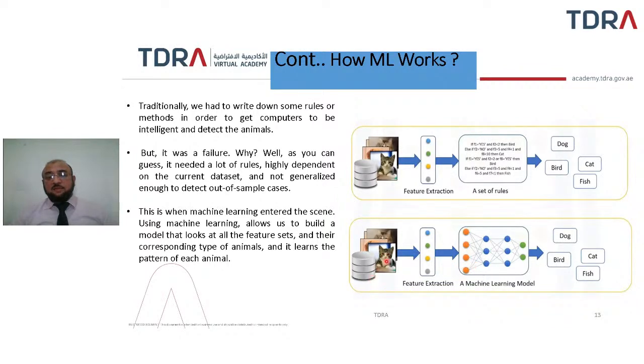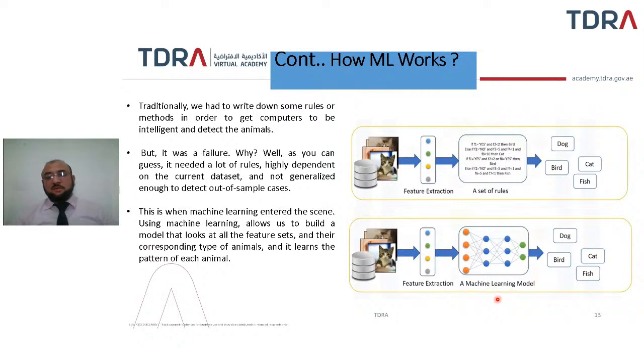Labels mean that we already feed the data set of, for example, different pictures of dog, bird, cat, and we first tell the model that this is a picture of a cat, this is a picture of a dog, and so on. Then we feed a new picture of a specific cat, which is not already present in the data set.